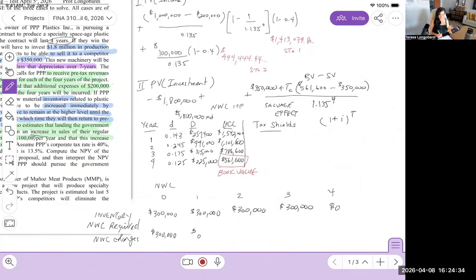Then no change, no change. So what I'm doing is this is at the end of the first year, but it's the same over here. So I don't need any more than 300,000. I just have to keep inventory at the value of $300,000 worth. And the same here, but then in the 4th year, I release the $300,000 worth of inventory back to the firm. Goes back there.